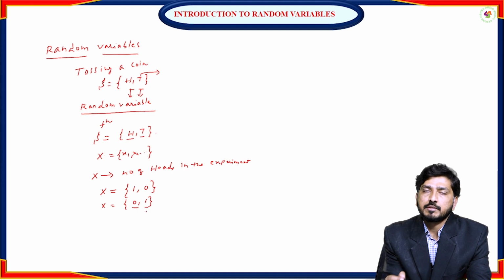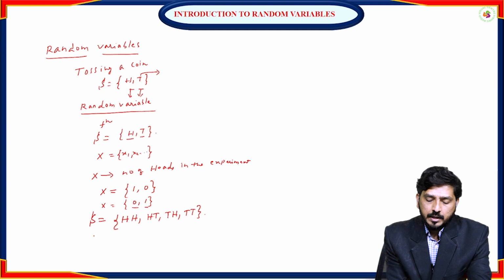Similarly, you can extend this to another example, that is tossing a coin 2 times. The sample space is S equal to head head, head tail, tail head, tail tail. Now again we consider the random variable X which denotes the number of heads.